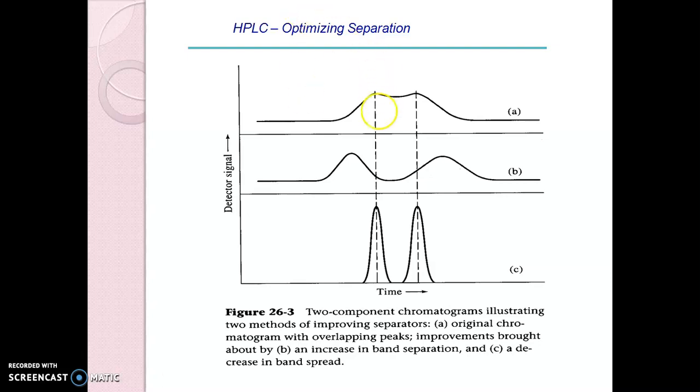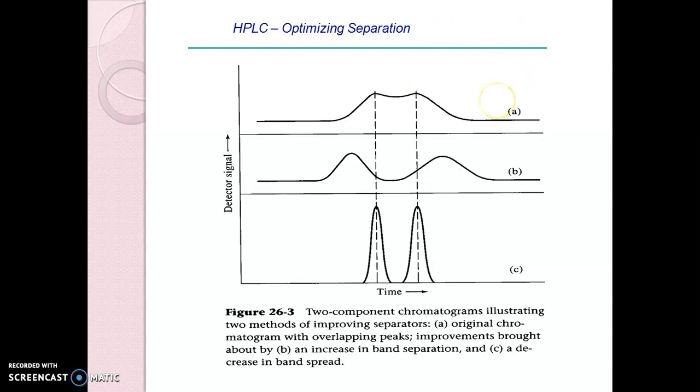Some parameters which can be checked using system suitability testing are resolution, capacity factor, selectivity factor, retention time, tailing factor, plate number, repeatability testing, etc. They are called system suitability factors.